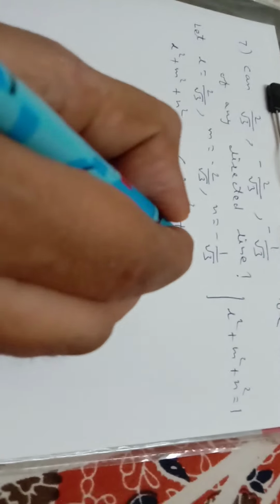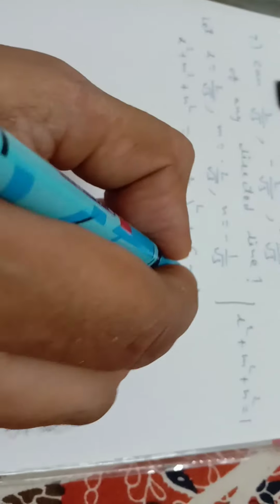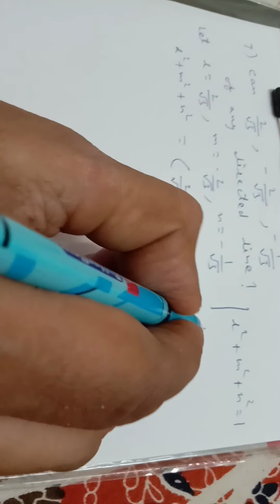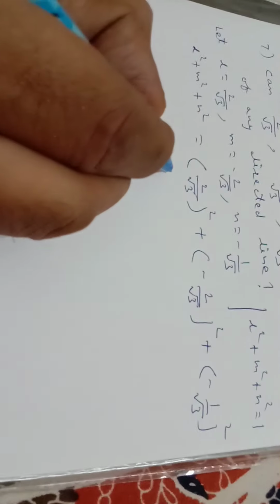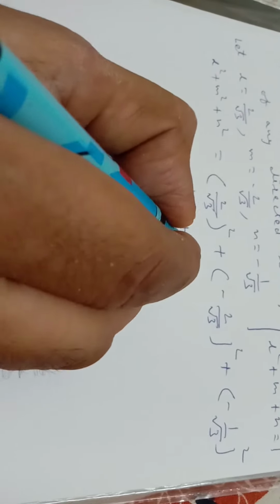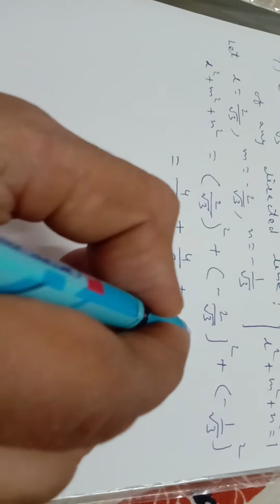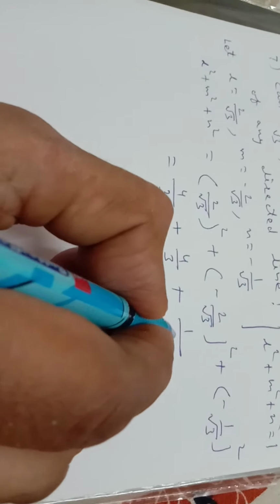And we have to square each direction cosine. Square of negative number is also positive. 2 square 4, root 3 square 3, radical sign gets eliminated, plus here also we get 4 by 3. 1 square 1, root 3 square 3.